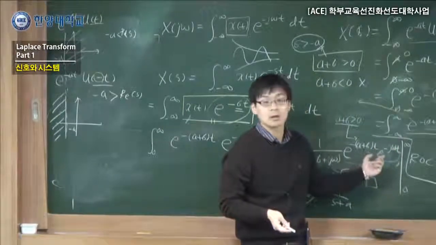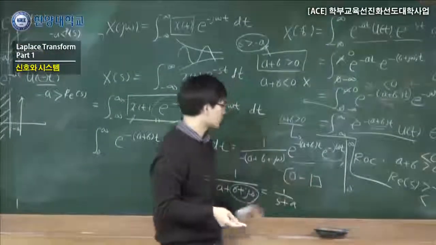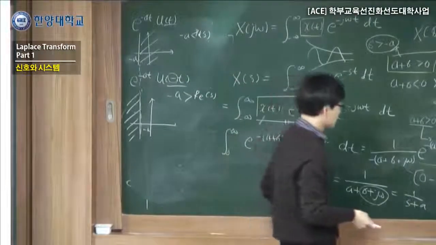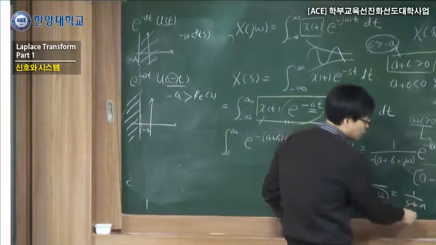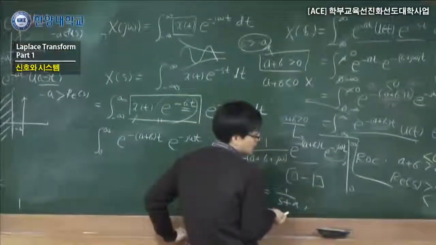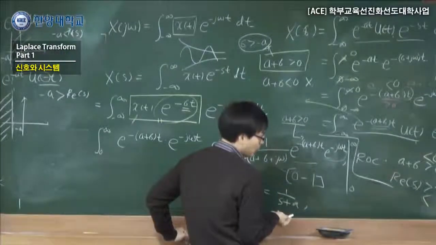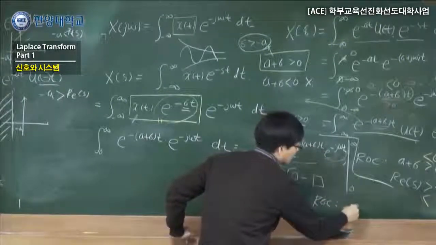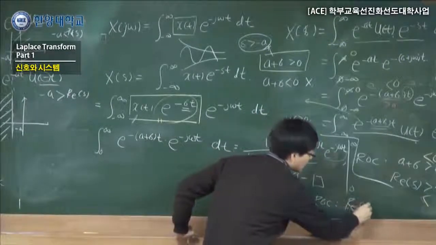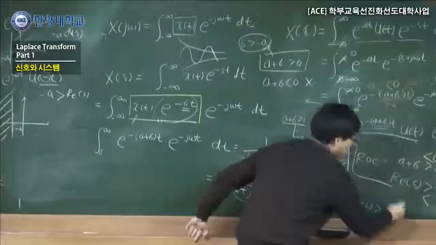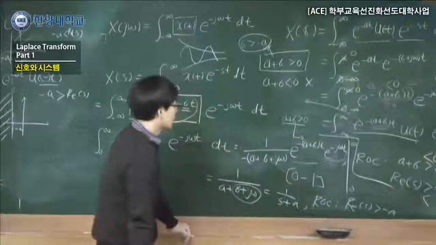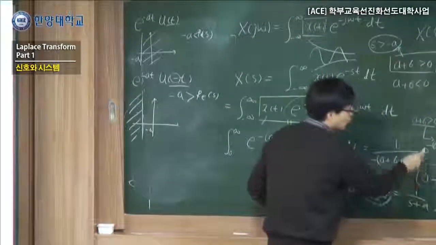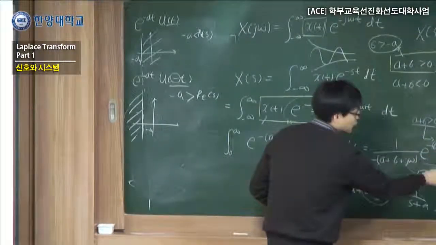This one in total becomes 1. It's still 1. So the result is our Laplace transform, and our region of convergence is real part of s larger than minus a. This is our answer. You have to make sure that you do that, because if you don't, you cannot move to the next part.